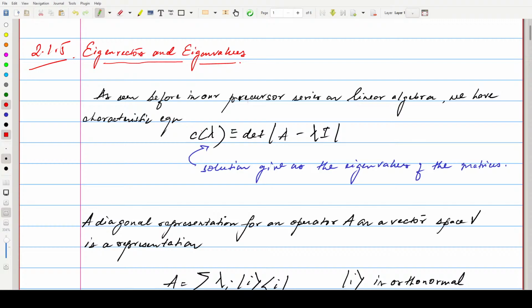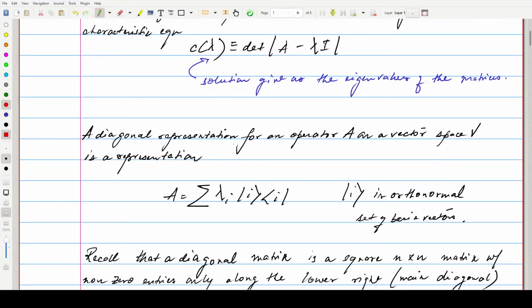All right. So a very interesting thing about this is that it's used in diagonalization, or the diagonal representation for operators. And how do we do this? We take A, and that is equal to the summation over all eigenvalues multiplied by their projections.